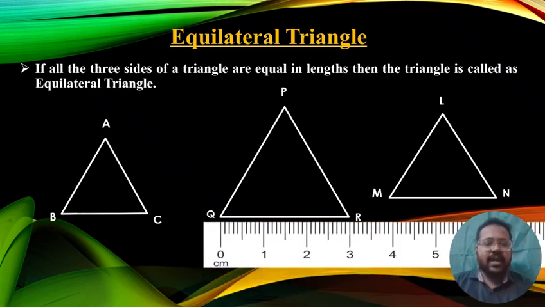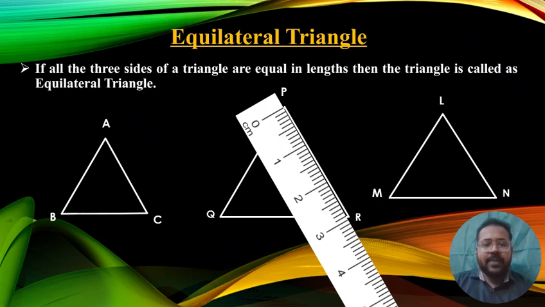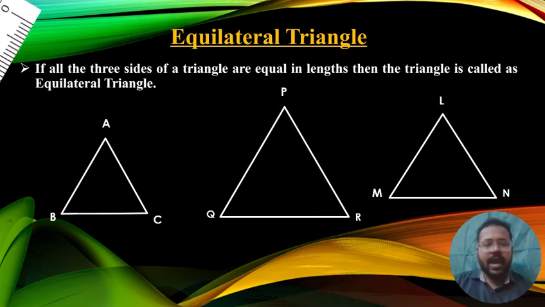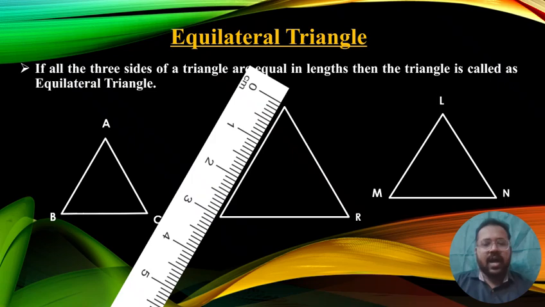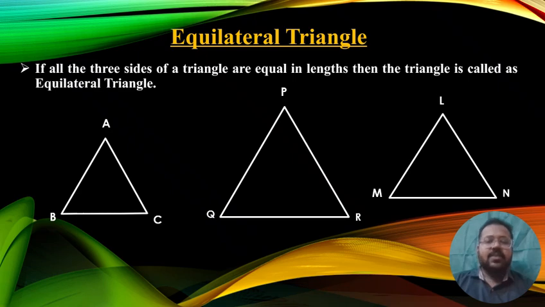Here is the ruler, and you can observe that the side QR measures 3 centimeters, the side PR measures 3 centimeters, and the side PQ also measures 3 centimeters. Hence, we can conclude that the three measures are equal and the triangle is an equilateral triangle.